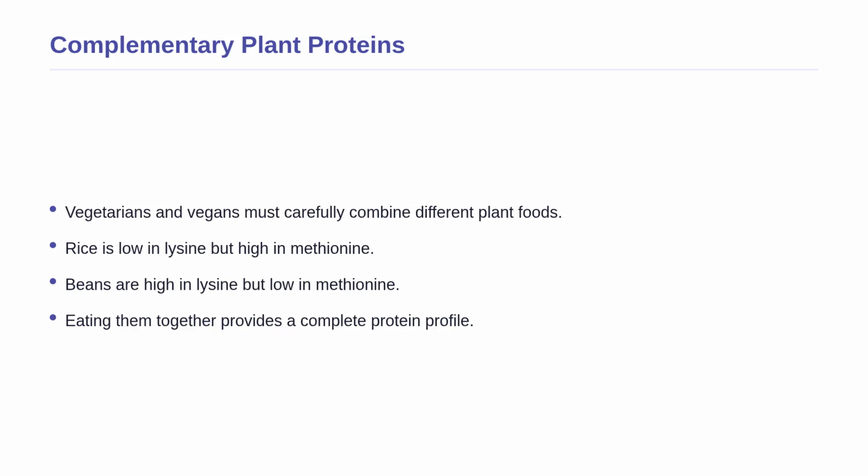Rice is a great energy source, but it is low in the essential amino acid lysine, while being high in methionine. Beans, on the other hand, are high in lysine but low in methionine. By eating them together in the same meal, the deficiencies cancel each other out. This combination provides a complete protein profile that the body desperately needs to keep its synthesis machinery running.